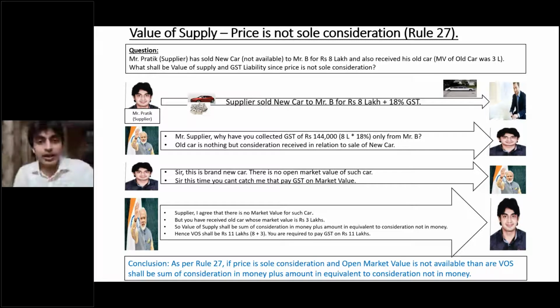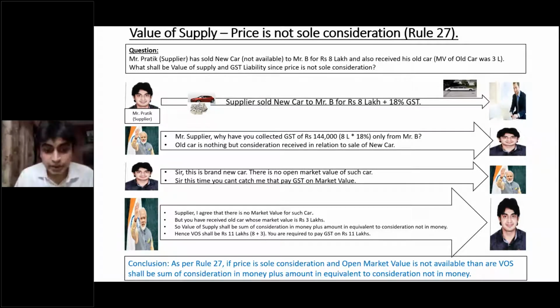Okay, so what is the conclusion? If the supplier and recipient are not related, relation nahi hai, but price is not the sole consideration. There is some money also, and there is exchange of old vehicle or something, barter or exchange bhi hai. So what is the value of supply? Open market value of new car. But market value of new car is not available. Then what is the value? Sum of, total of consideration in money, यानी 8 lakh rupees plus consideration equivalent to money, यानी जो पुराना asset मिला है, if I sell that, how much I'm going to receive?